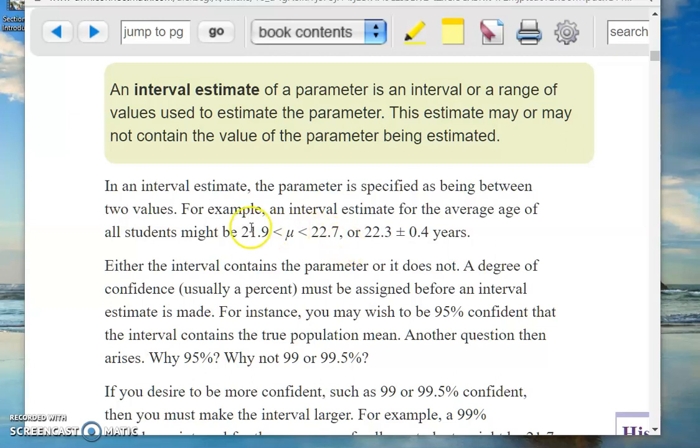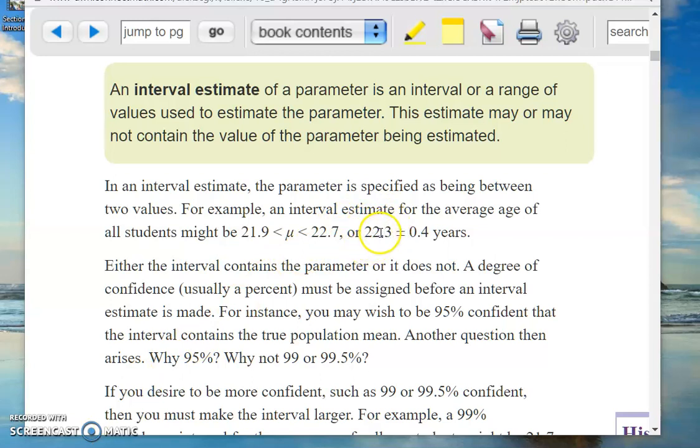The way we write the interval estimate is we say the parameter is specified as being between two values. So an interval estimate for the average age of all the students, okay, remember the average age was 22.3.